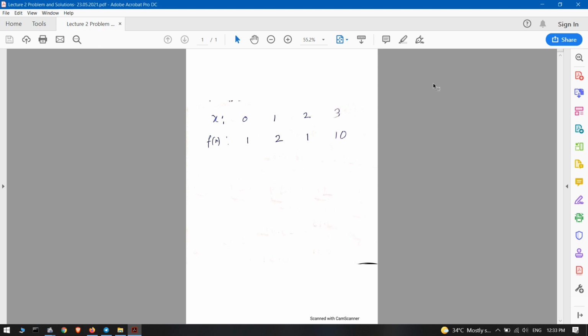So you evaluate. So 2x cube minus 7x square plus 6x plus 1. Yes, that is it.